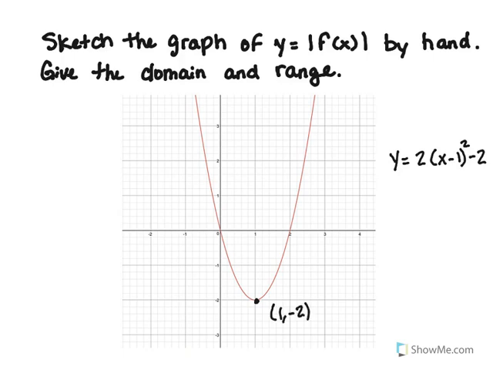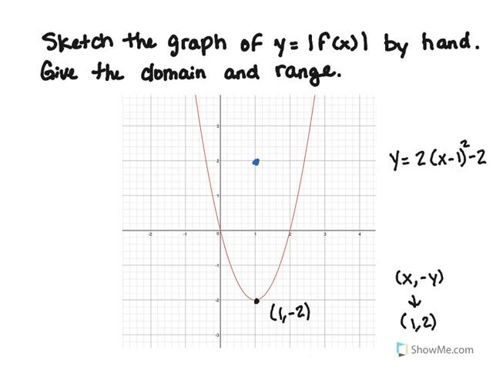Now our rule says that we are going to take the x-coordinate and it's going to stay the same, and we're going to take the negative of the y-coordinate. So we're going to be left with 1, 2. So I'm going to move that point up to 1, 2.